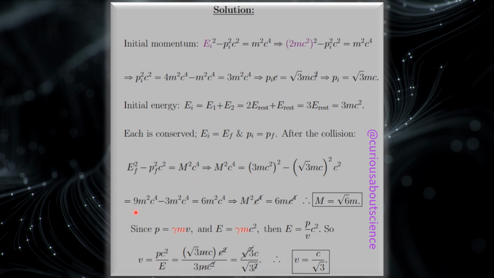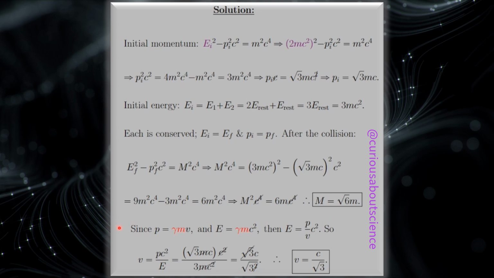Once we square everything, we get 9 m squared c to the fourth minus 3 m squared, and then we have a c squared times a c squared, so c to the fourth. Everything works out unit-wise. They combine down, the c's cancel, and we see that big M is a combined mass of square root of 6 m. Thank you, conservation, for making this happen.